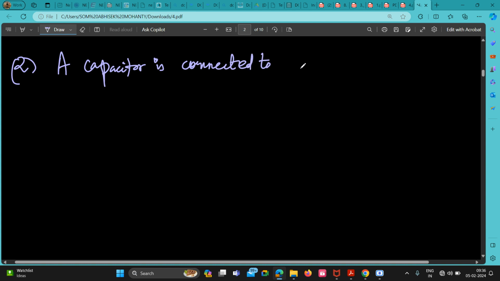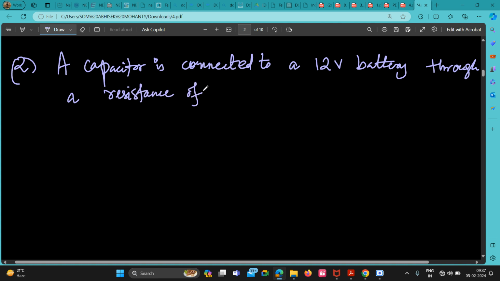A capacitor is connected to a 12-volt battery through a resistance of 10 ohm.